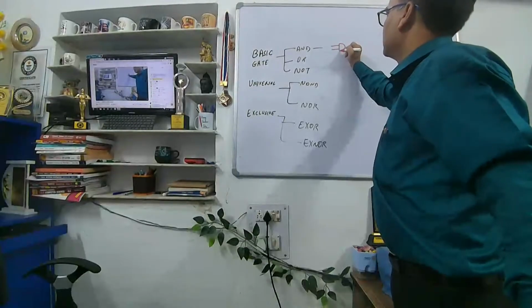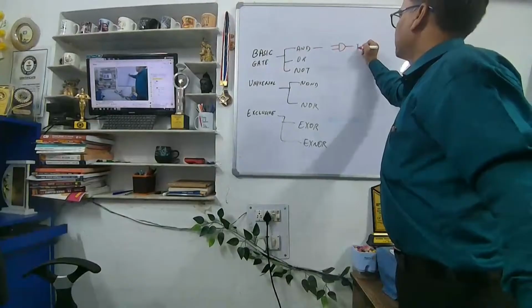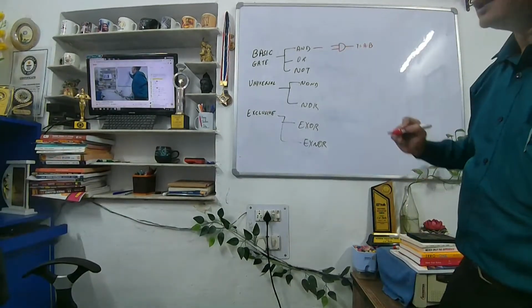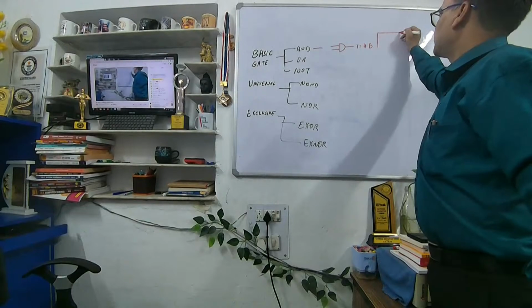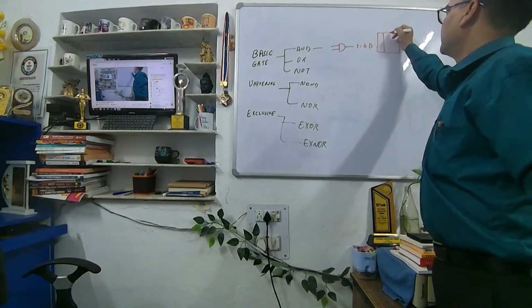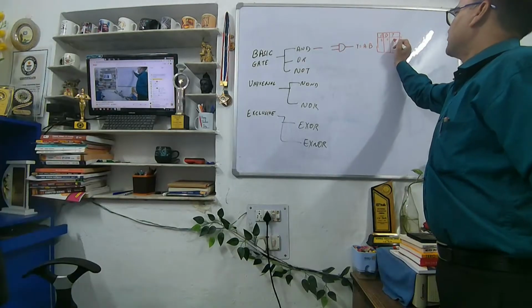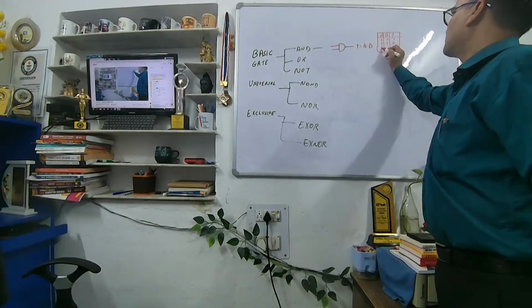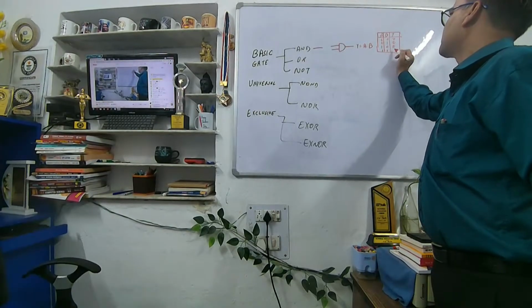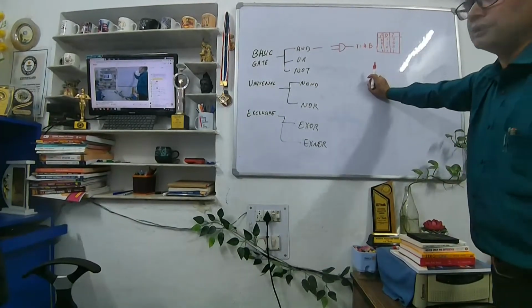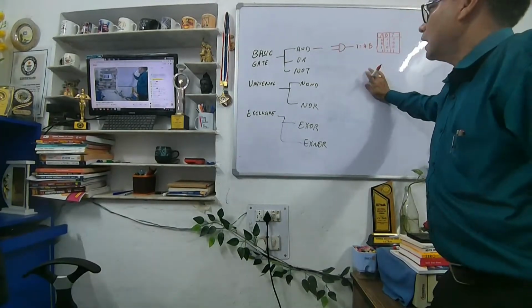Y equal to A dot B. And what happens if I talk about the truth table? How is the truth table? A, B, and Y. 0 0 is 0, 0 1 is 0, 1 0 is 0, 1 1 is 1. This is the AND gate. This AND gate returns a high value when all the inputs are high.